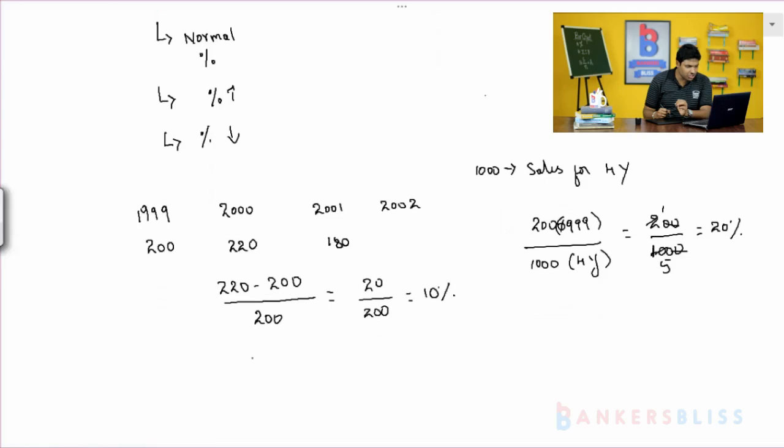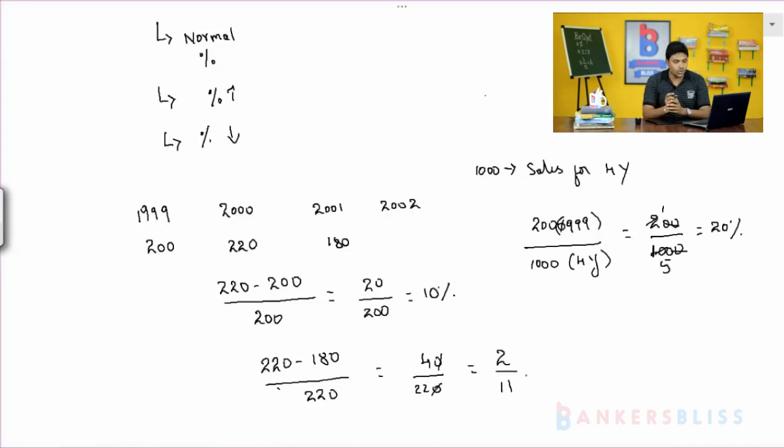So that is 220 minus 180 by 220, which is equal to 40 divided by 220, which is equal to 2 by 11. Now I have to calculate the percentage. So see here, 2 by 11 into 100.